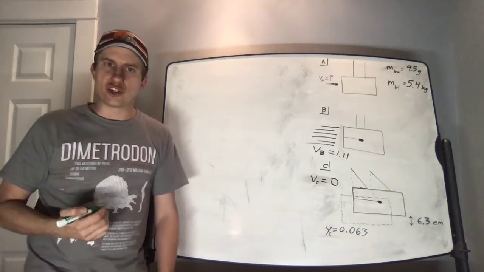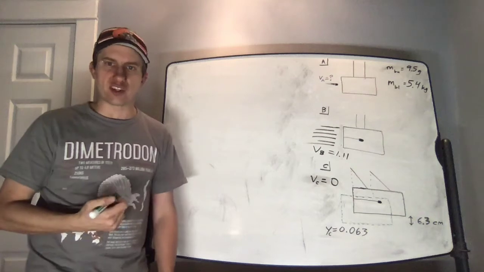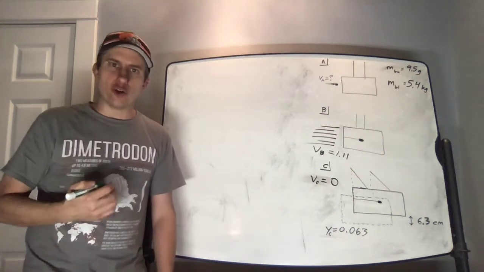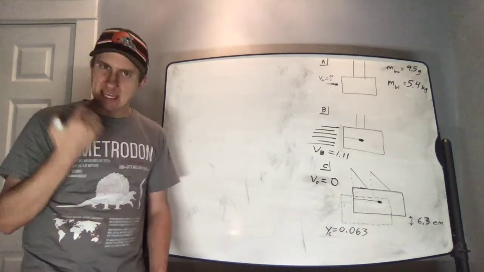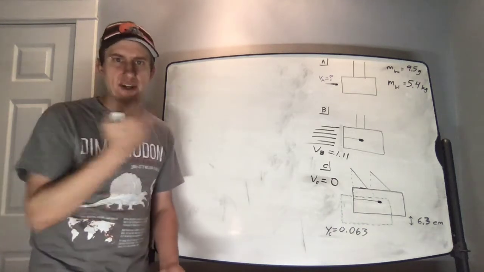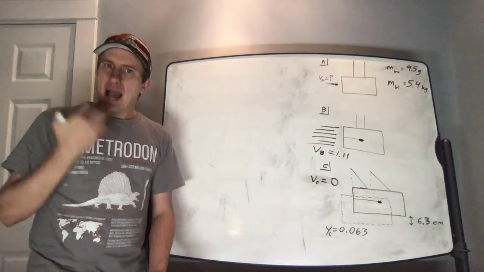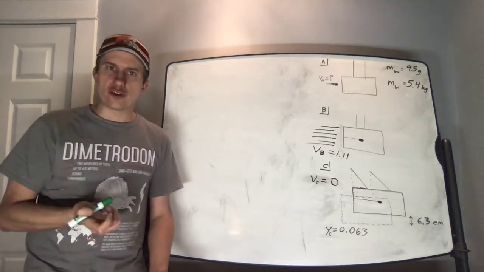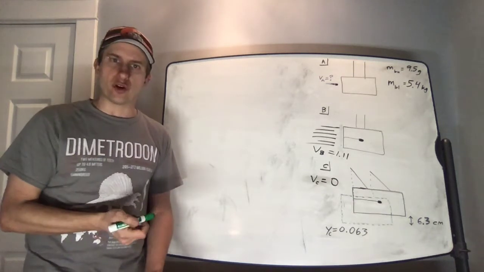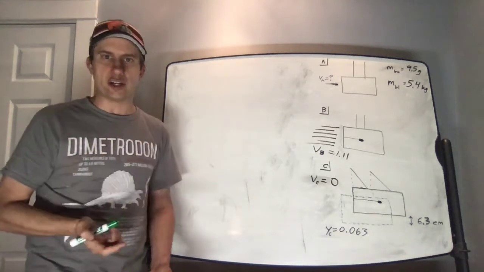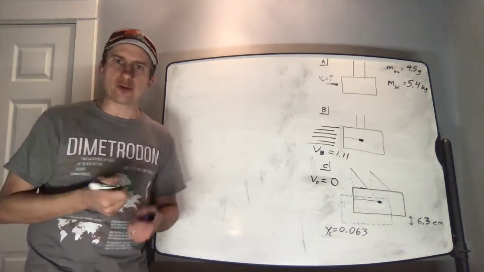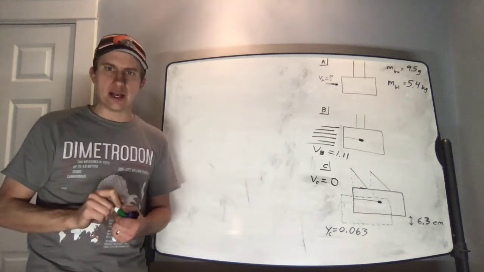The bullet needed to break some of the fibers in the wood, and the bullet would rub against the wood as it is burrowing into the block and heating up due to friction, eventually coming to a stop. How do I keep track of the energy needed for breaking those wood fibers and increasing the thermal energy of the wood and the bullet? That would be a very difficult problem to keep track of.